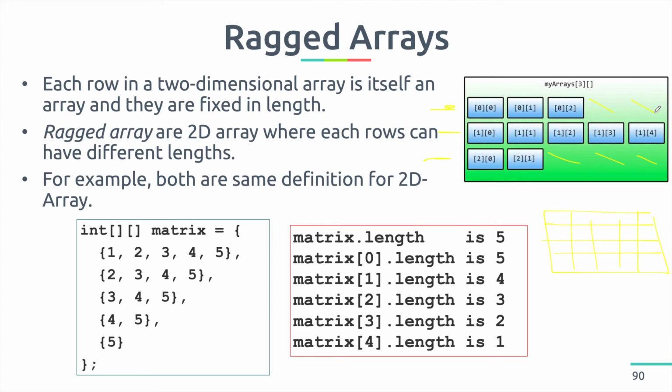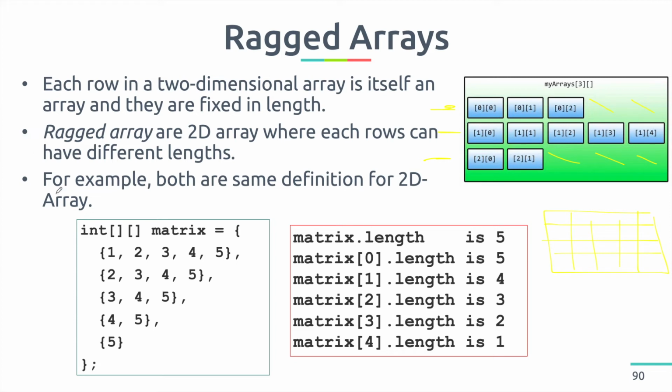So the way to try to have more efficient memory allocation is to use a ragged array. And what that means is that in a ragged array, each row can have different length.